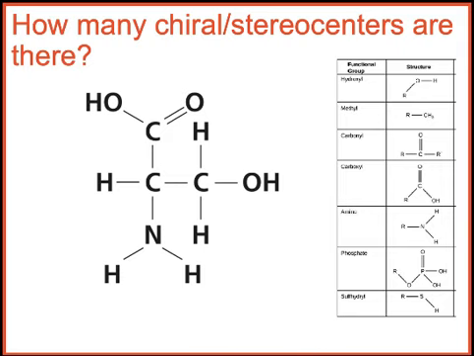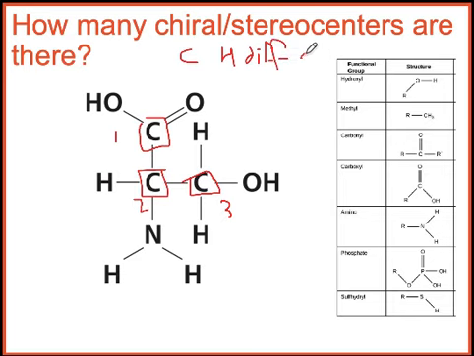Alrighty, let's go on to the next thing. How many chiral centers are there in this molecule? We're going to locate our carbons first. So carbon number 1, is it a chiral center? What's the definition of a chiral center? It's a carbon that has 4 different groups. So what do I see here?